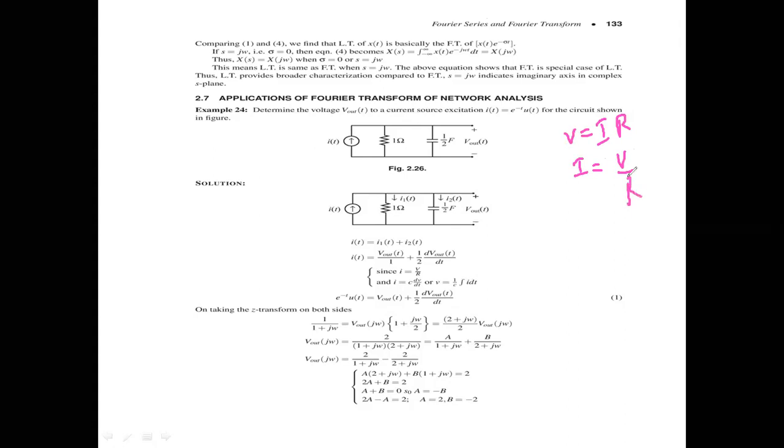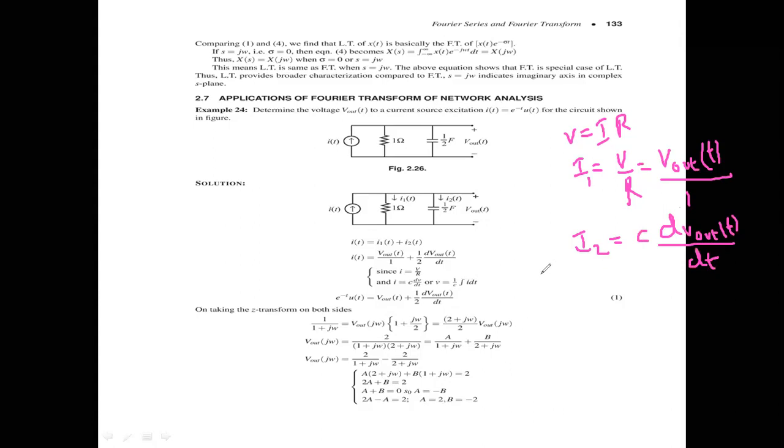Okay, my dear students. What is the V here? The V out. V out of t is taken as a time domain signal, and R we can see is 1 ohm. So V out of t by 1 is I1. And the I2 current is across the capacitor. Across the capacitor, I is equal to C into dV by dt, that is C into dV out of t by dt.